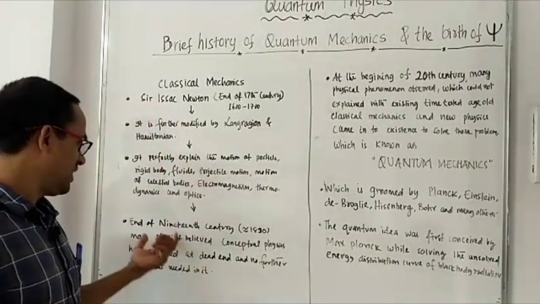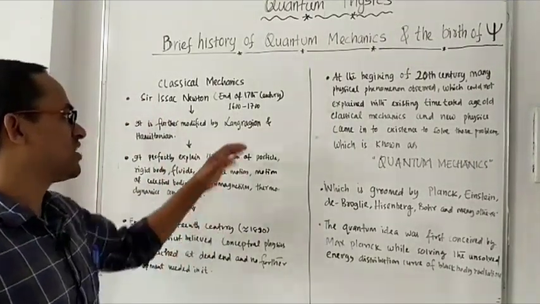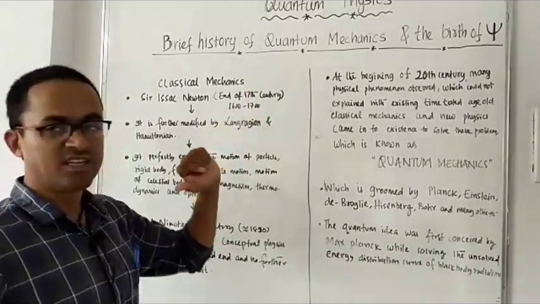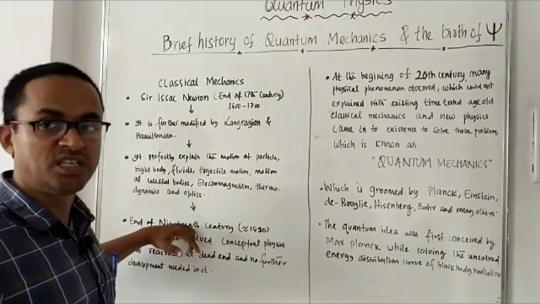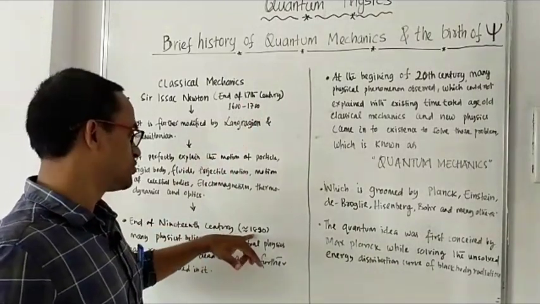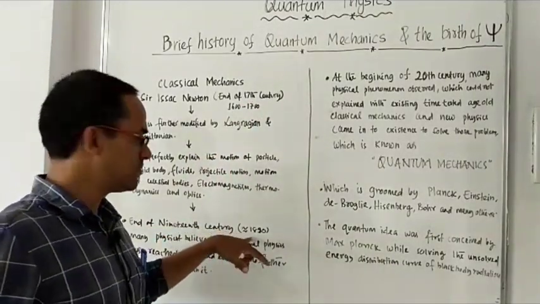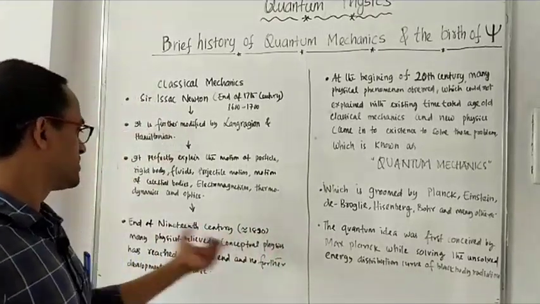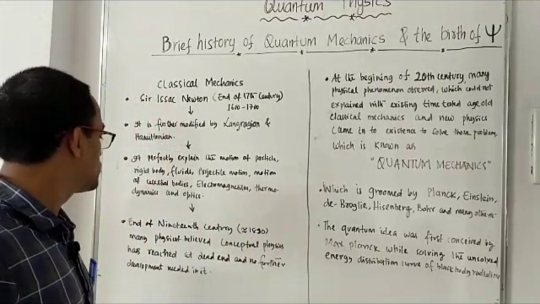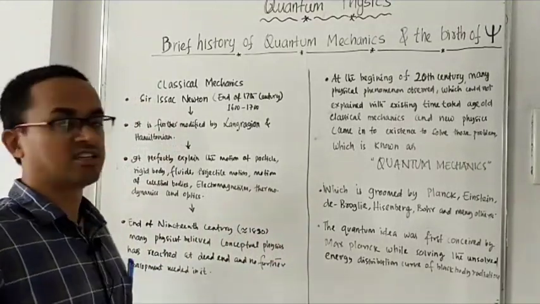But at the end of the 19th century, after 200 years of classical mechanics, towards 1890, many physicists believed that conceptual physics had already reached a dead end.